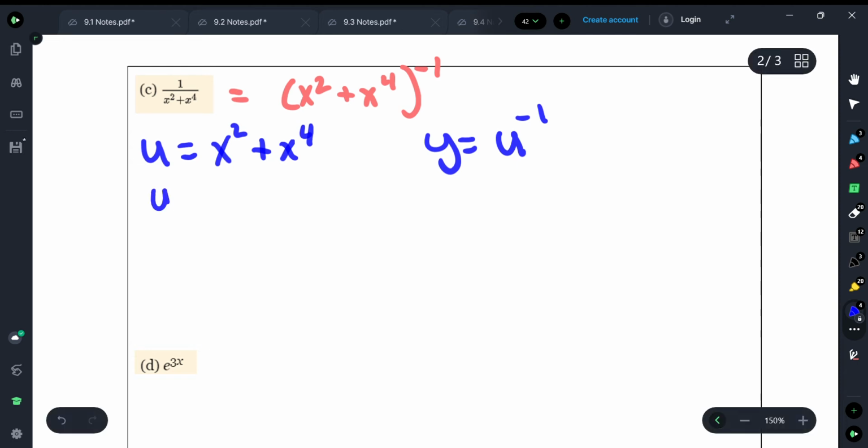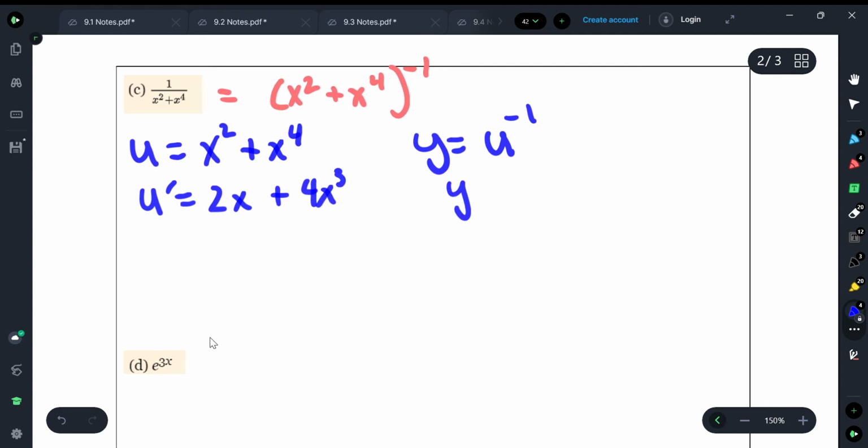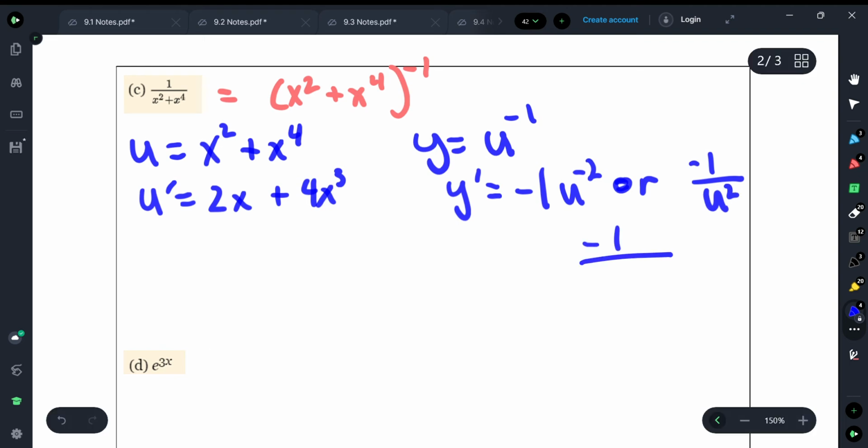All right. The derivative of u is here. The derivative of the outside function, this -1 is coming down, u to the -2 power, or we could say this is 1 over u squared with that negative there. So this is -1 over this here, squared.